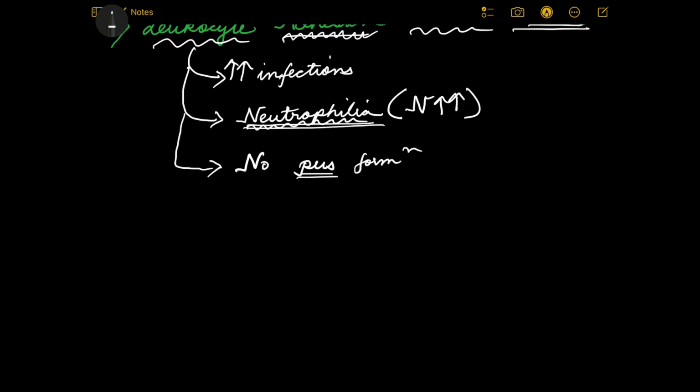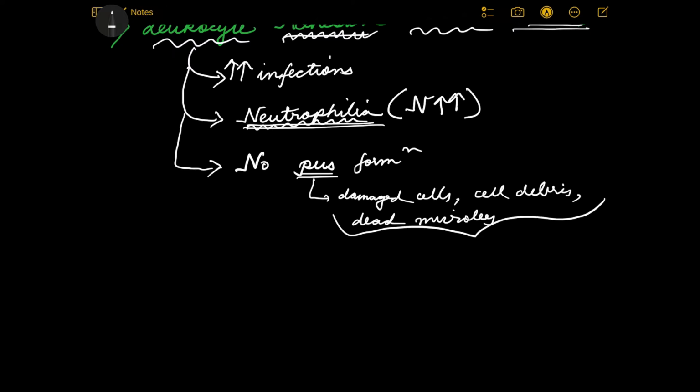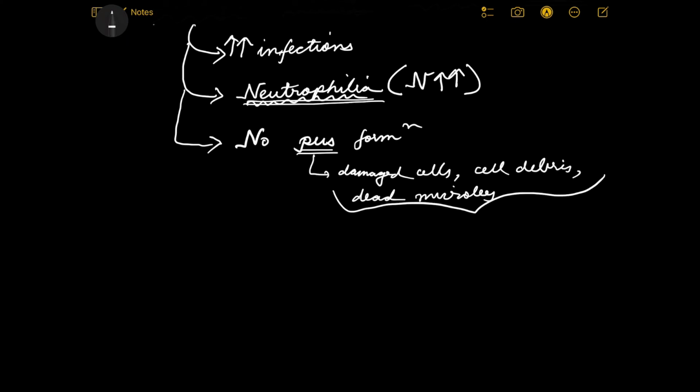So all these damaged cells, cell debris and dead microbes together form a kind of fluid-like accumulation at the site of inflammation, the formation of which means that the inflammation has taken place.